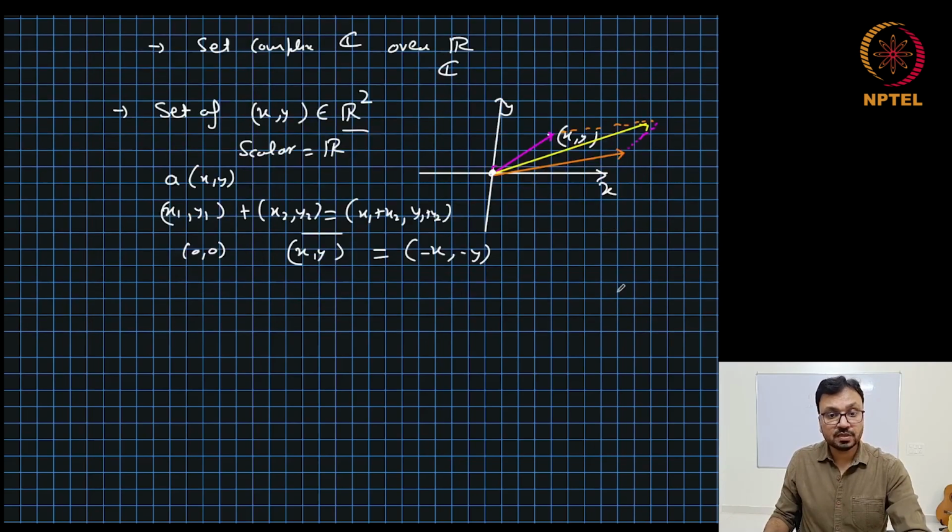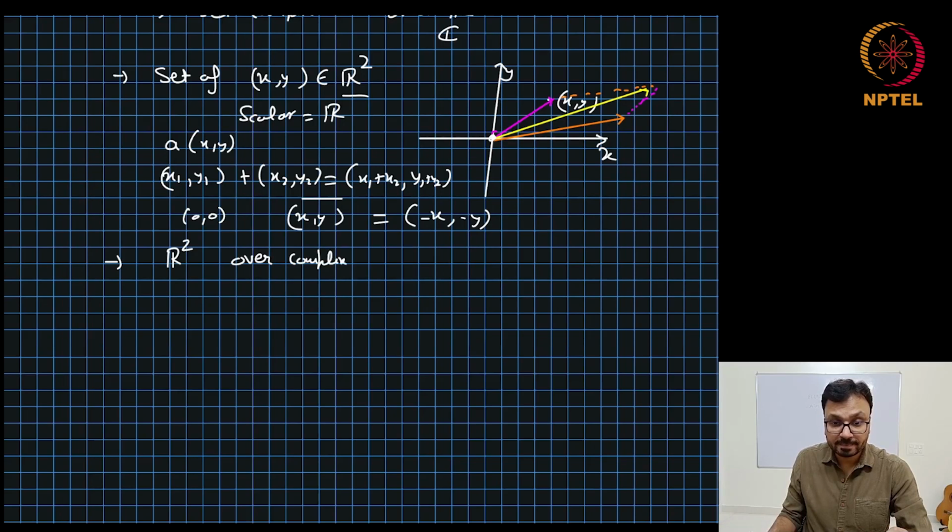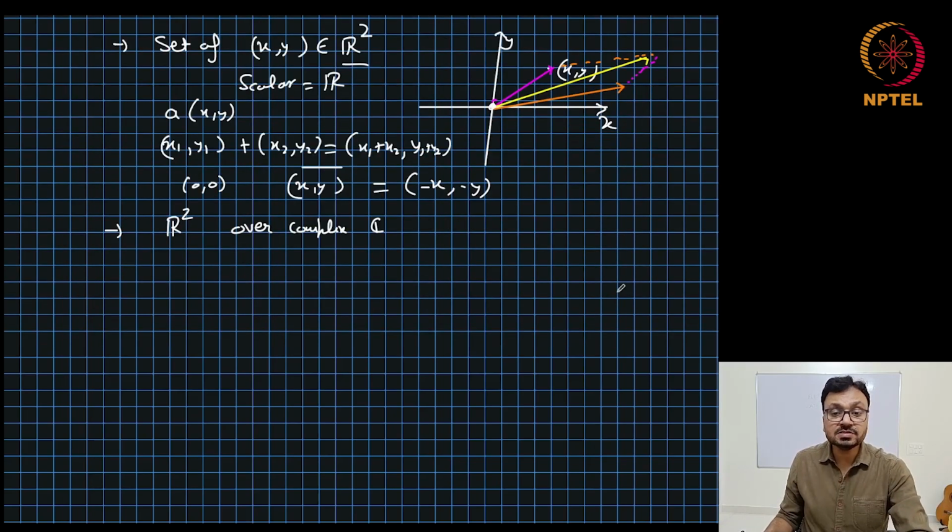linear vector space. It's not enough to give examples in favor to understand something. It's also important to give some examples which do not satisfy the criteria. For example, we can have R2 over the complex field C. Then it does not form a vector space, because if we have x, y from R2 and multiply it with alpha, some complex number, then it does not belong to R2 because it's no longer real.